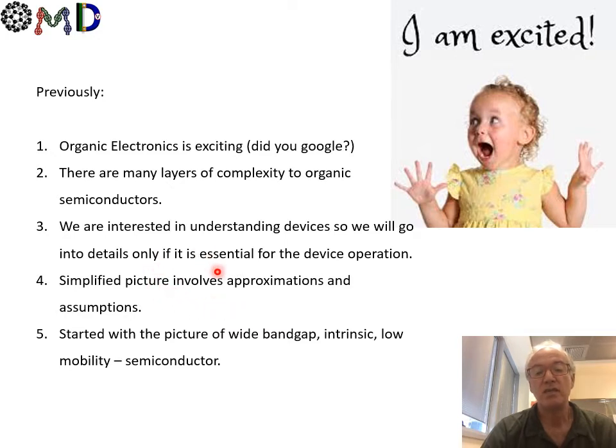We will try to understand all the things that we need, and hopefully I'll manage not to involve you with the things we don't need, because really the idea is that we will focus on understanding the devices, and will not get lost by the fact that there are zillions of processes that may take place in the organics, but most of them are not going to affect the performance of the device. So within this course, we don't really care about them.